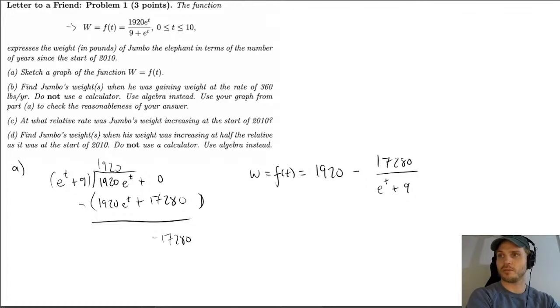So I'm going to do 1920 minus 17280 divided by e to the x, since it's Desmos, plus 9, and let me just make sure that's the same function. So we've got 1920 e to the x divided by e to the x plus 9. Yeah, same function.